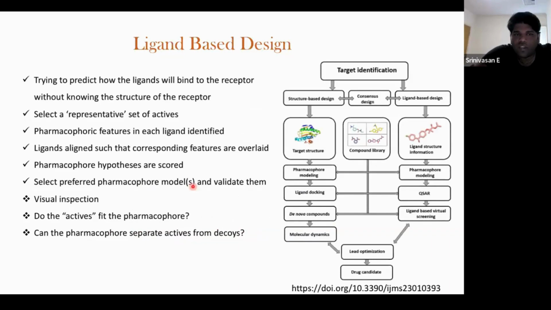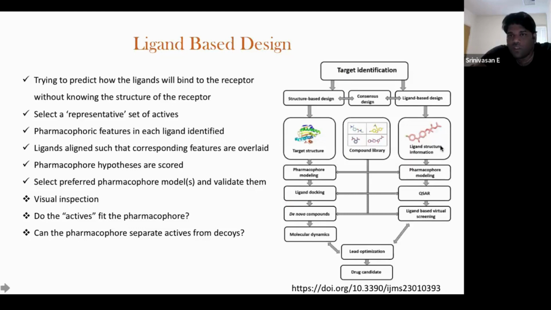Here the slide gives a very important representation of structure-based drug design and ligand-based drug design. In ligand-based drug design you can clearly see how the ligand information is obtained, and then we go to pharmacophore modeling, then QSAR studies, then virtual screening of the compounds, then lead optimization, and then drug candidate identification.